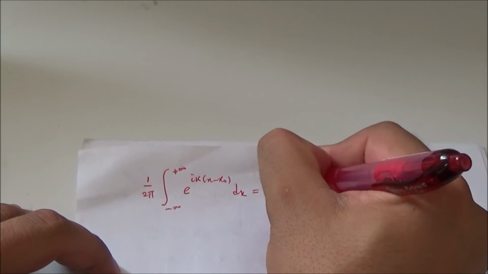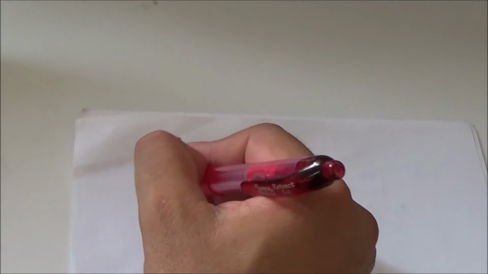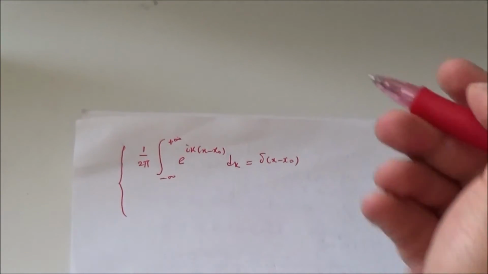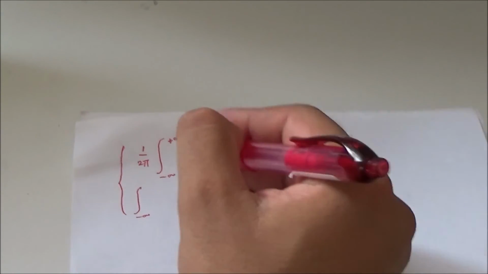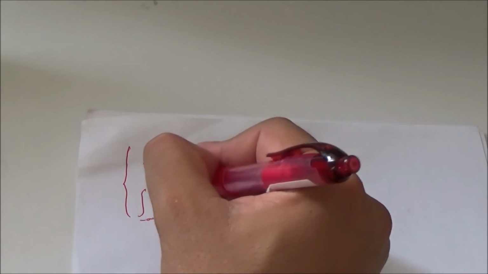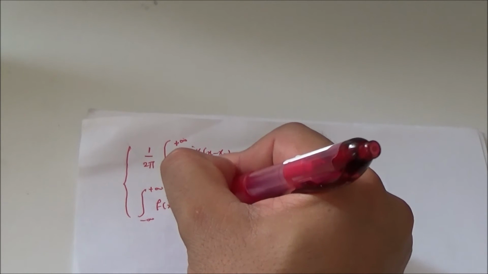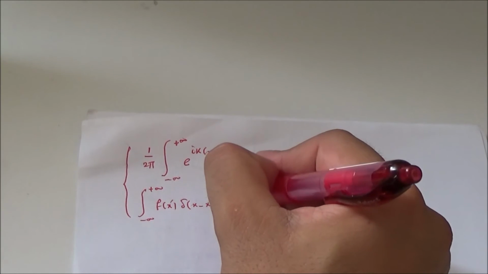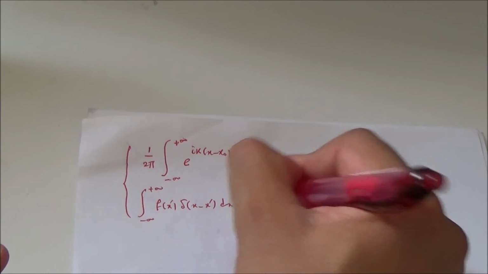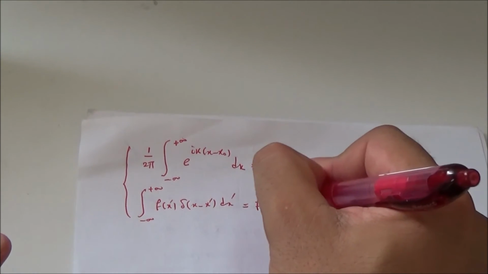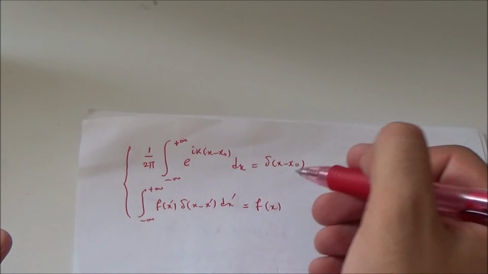We have seen that this is exactly delta of x minus x0, and in the first video I also talked about the most important property of any Dirac delta function: the integral of f of x prime times delta of x minus x prime dx prime is equal to the value of the function f evaluated at the point x.